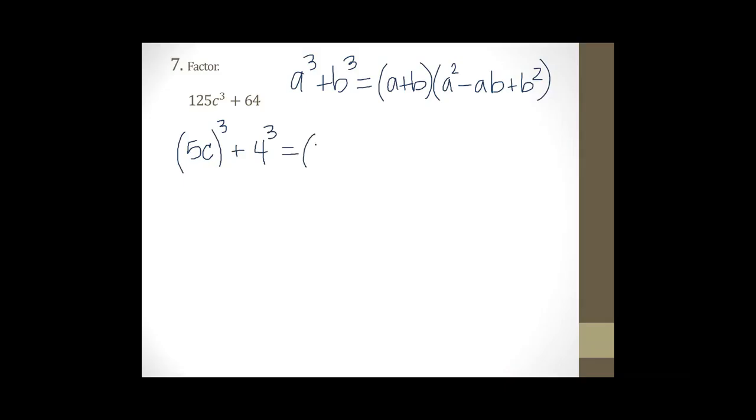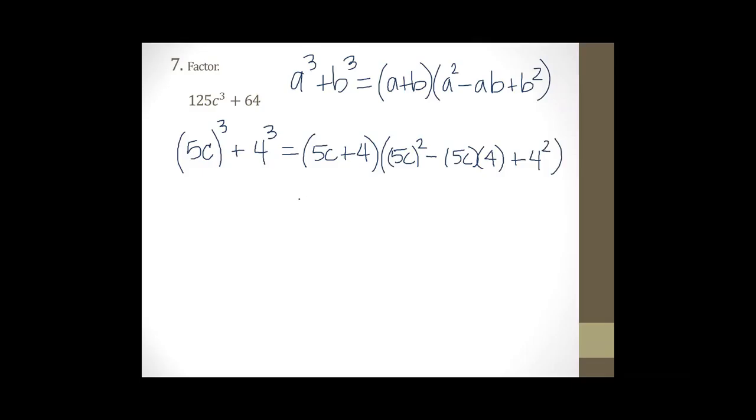So a plus b in this case would be 5c plus 4, then times a squared, which in this case would be 5c squared, minus a, which is 5c, times b, which is 4, plus b squared, which in this case would be 4 squared.